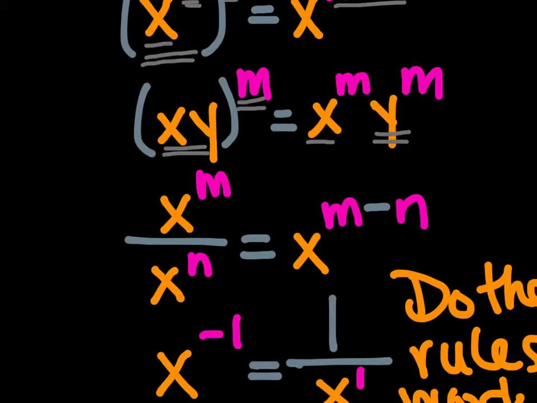We also have the quotient of powers property, telling us that we have the same base but different exponents, and essentially if we have that situation, we can subtract the first exponent from the second exponent.